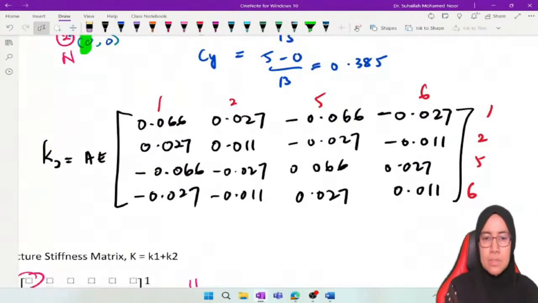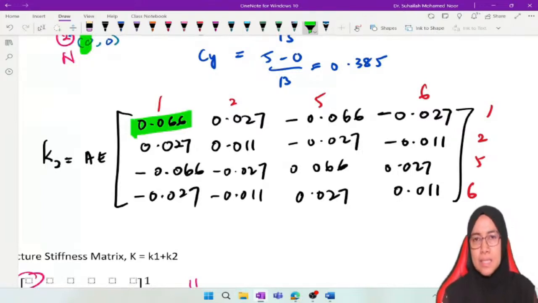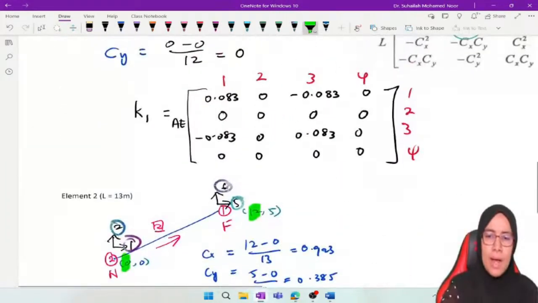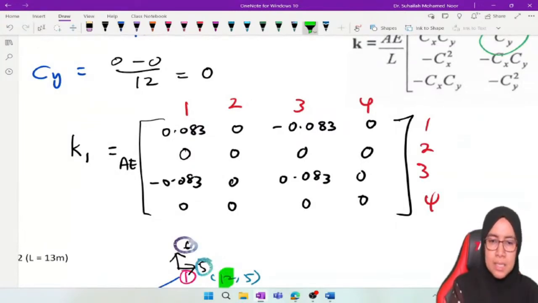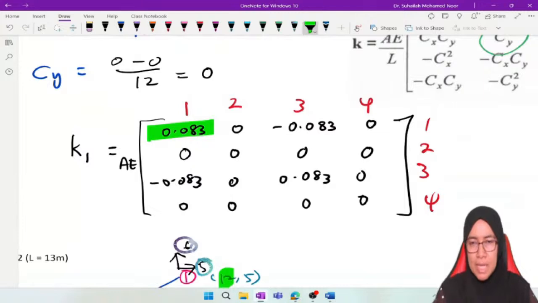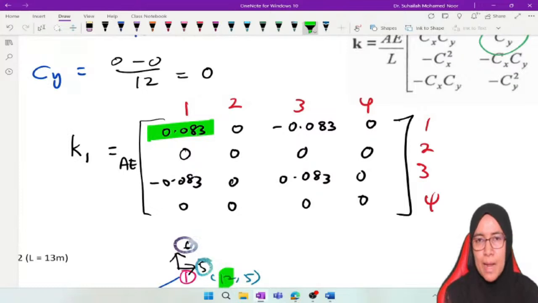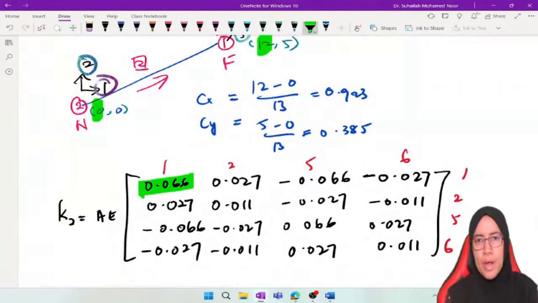1,1 in K2 is 0.066. And 1,1 in K1 is 0.083. Okay, please add these two values of the same position. Position 1,1, it is 0.083 and 0.066.